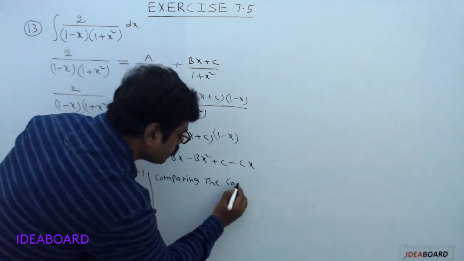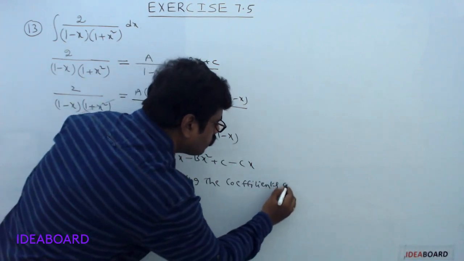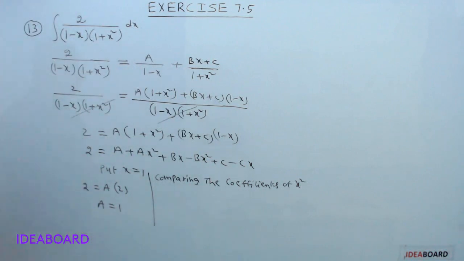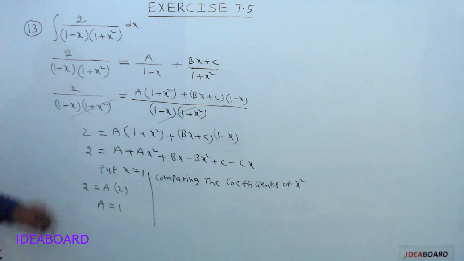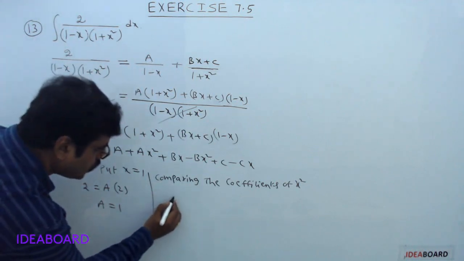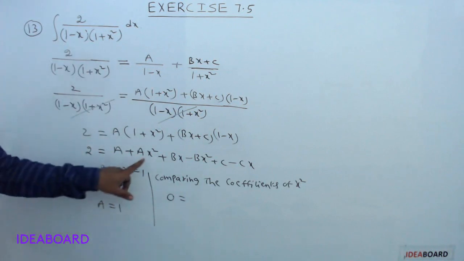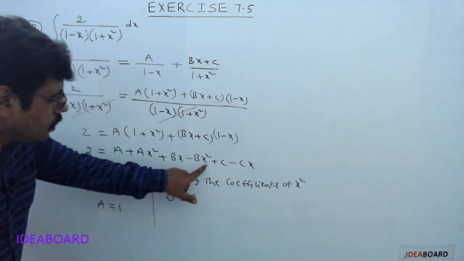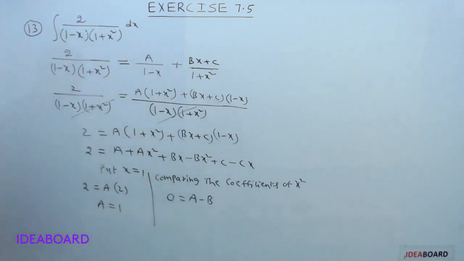In the left hand side, there is no x square term. So, the coefficient of x square in the left hand side will be 0 equals, x square coefficient here is a, and here x square coefficient is minus b. So, 0 equals a minus b.